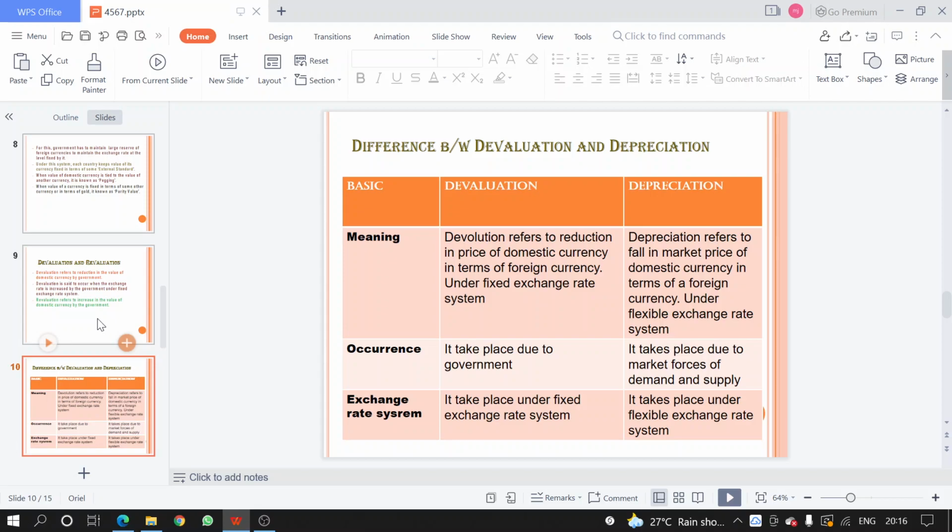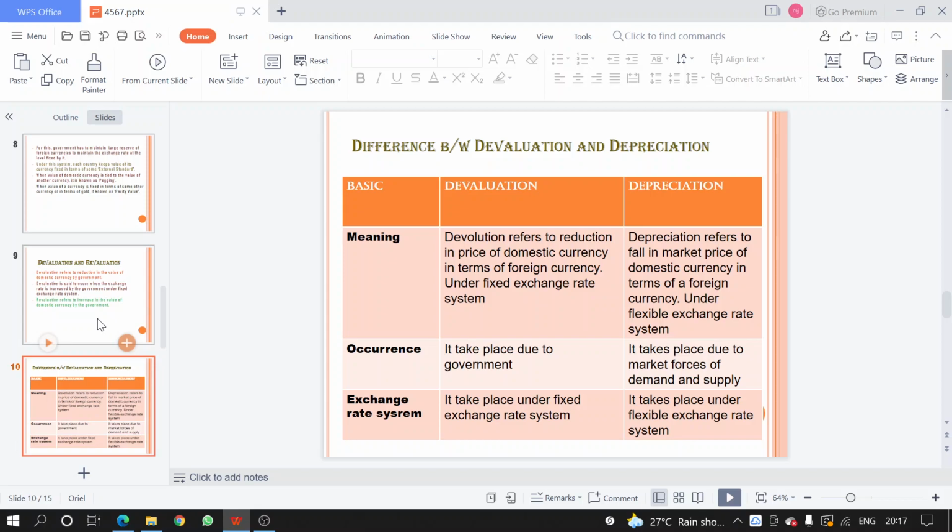So here we are more concerned about the difference. First we have to write the meaning. Simply, devaluation refers to the reduction in the price of domestic currency in terms of foreign currencies under the fixed exchange rate system, whereas depreciation refers to a fall in the market price of the domestic currency in terms of foreign currency under the flexible exchange rate system.